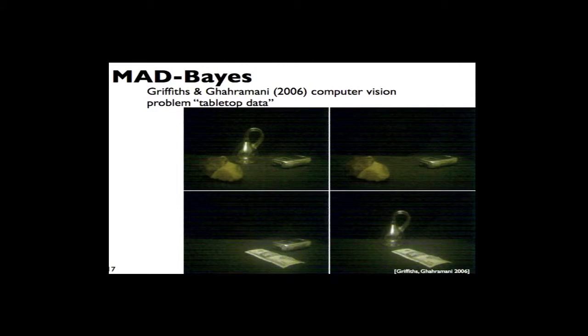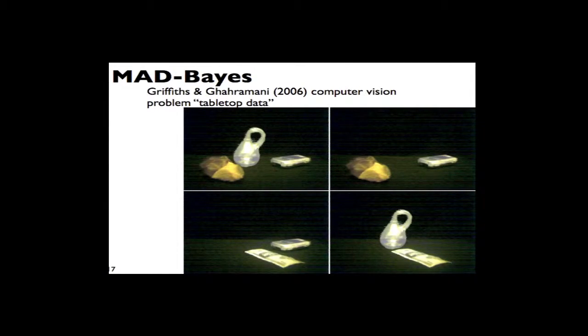In particular, each data point is a picture of a table with some objects on it. And so there's a very natural feature allocation interpretation. In particular, the features should be the objects, each of the objects that are on the table. And the allocation of a particular data point to features should be the table and each of the objects that occurs in that picture.